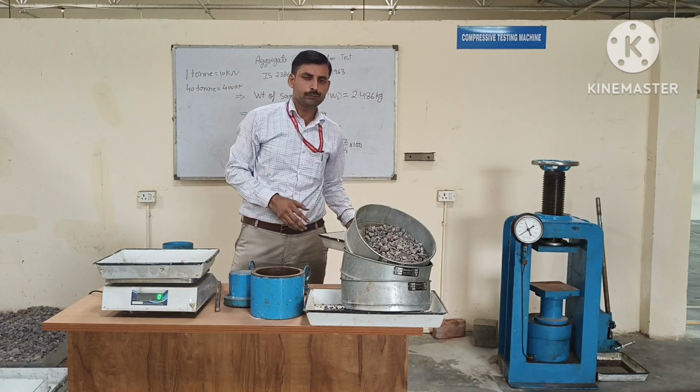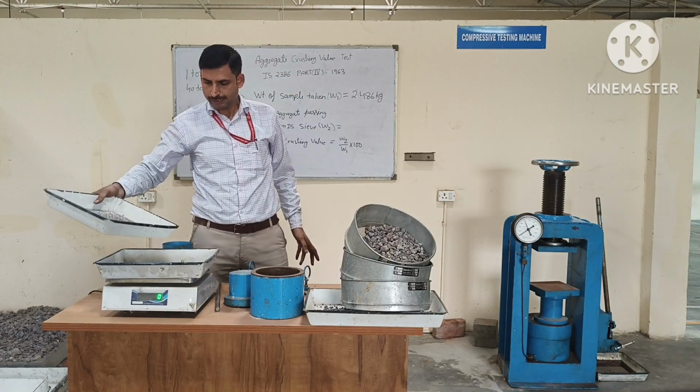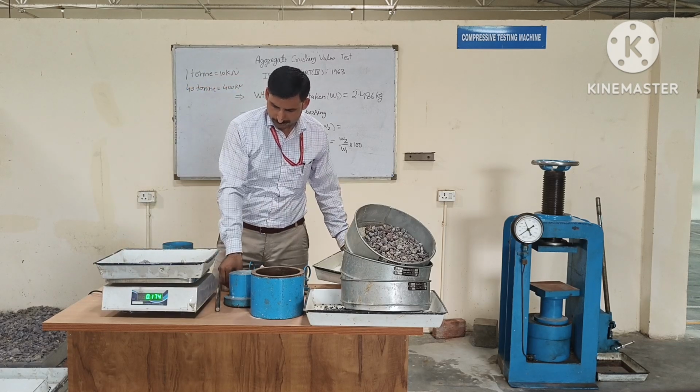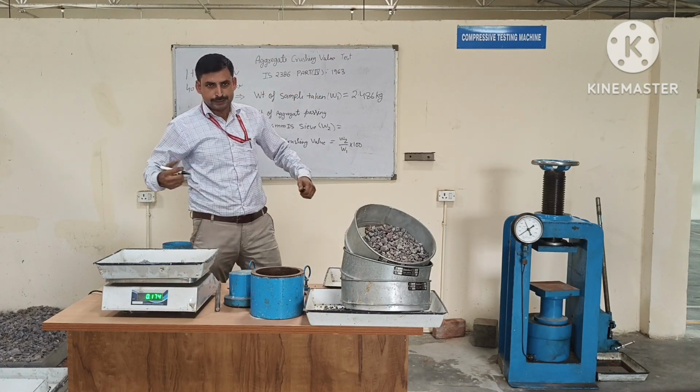Now we weigh the aggregate which is passing through the 2.36 mm IS sieve. It comes around 174 grams.